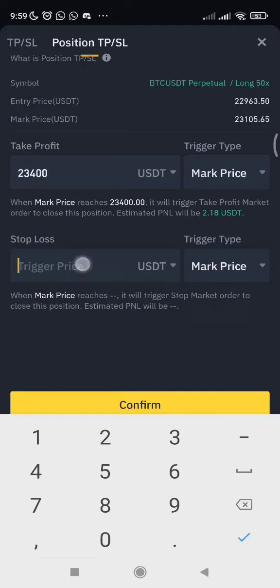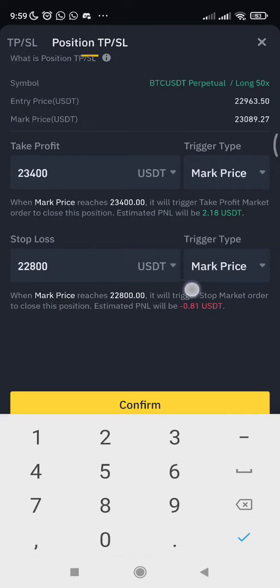All right, so let's assume that our stop loss was given at 22,800. So can you see now, this is the amount of USDT. What is stop loss?